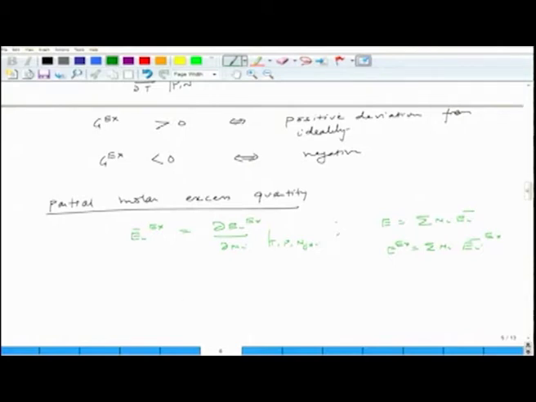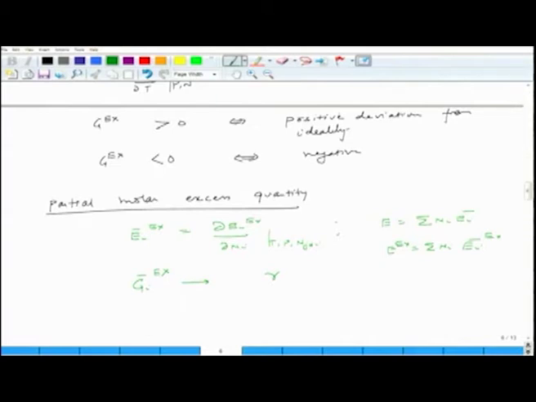So, the most useful quantity for our analysis of liquid mixtures and their properties is the partial molar excess Gibbs free energy, G_i bar excess, because this gets reduced to gamma, the activity coefficient.